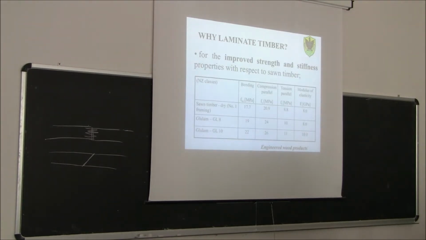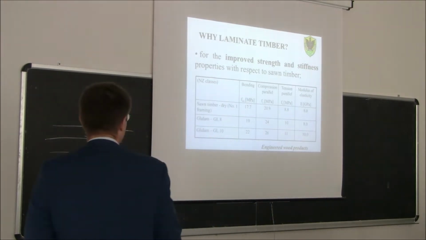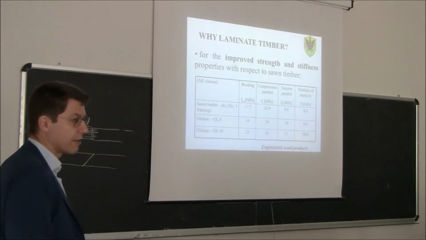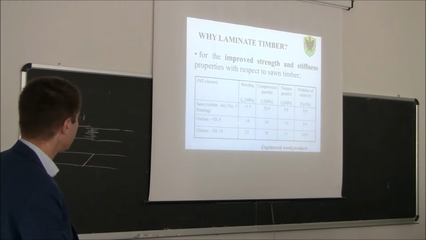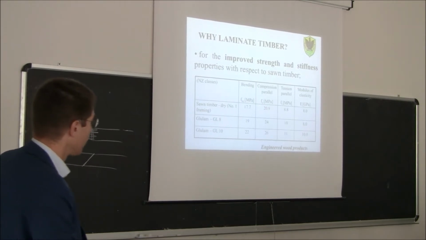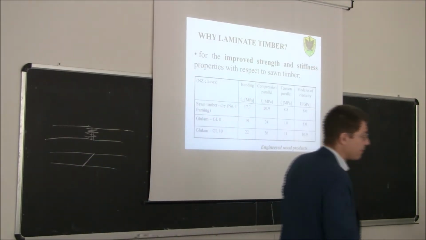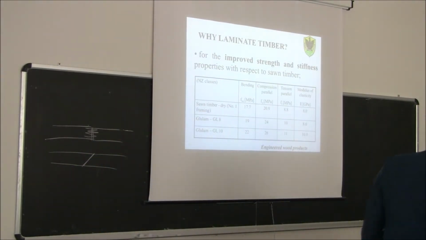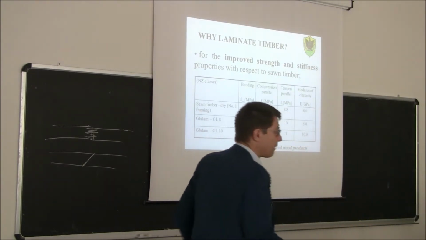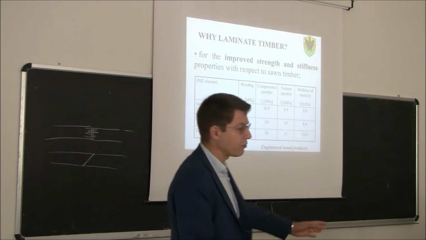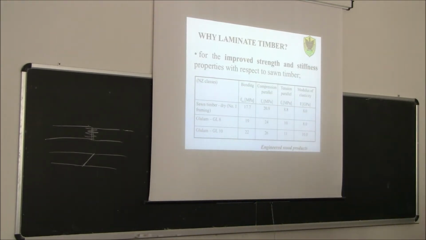Another good reason to produce glulam is to improve the mechanical properties, strength and stiffness of the products. In this table you can see a comparison. This is New Zealand glulam, but we can have the same result also using European glulam. Basically the idea is that I have a certain type of timber. For example, in New Zealand it was radiata pine. Here in Europe we use spruce. I cut the planks.